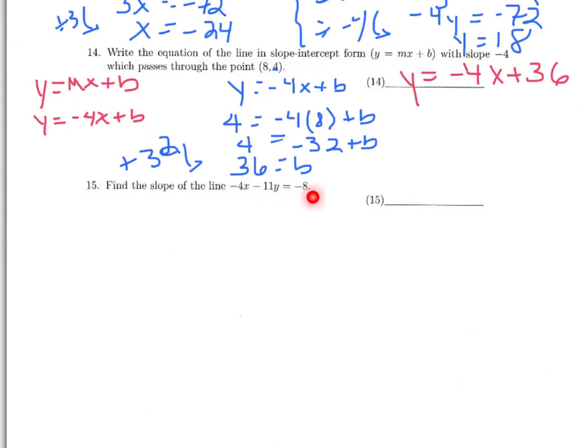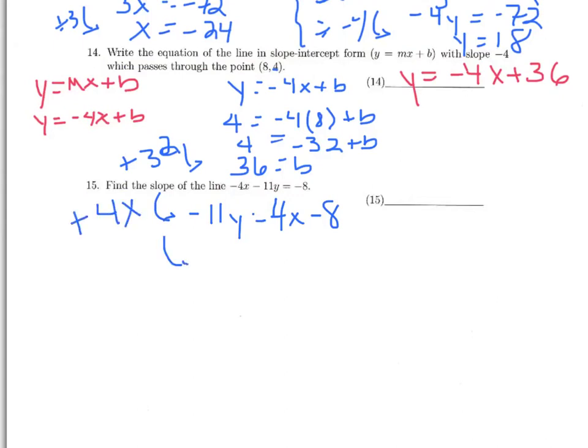So what we can do is transform this to that y equals mx plus b form, and by doing that we could pull off the m then. So let's go ahead and add 4x to both sides, so the 4x comes to the other side. That gives us negative 11y equals positive 4x minus 8, because remember we were adding 4x to both sides.